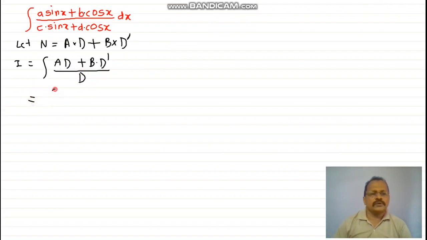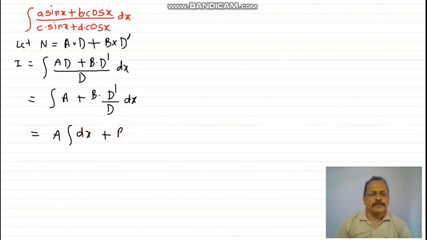It is equal to the integral of (a + b·D'/D) dx, equal to a times the integral of dx plus b times the integral of D'/D dx.